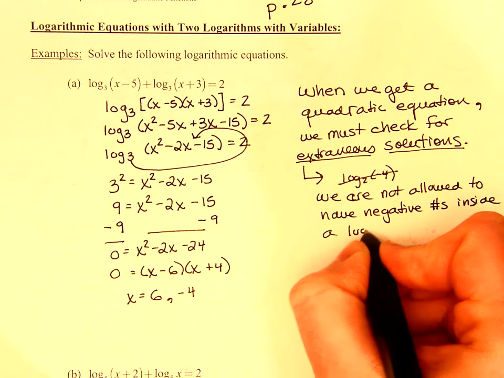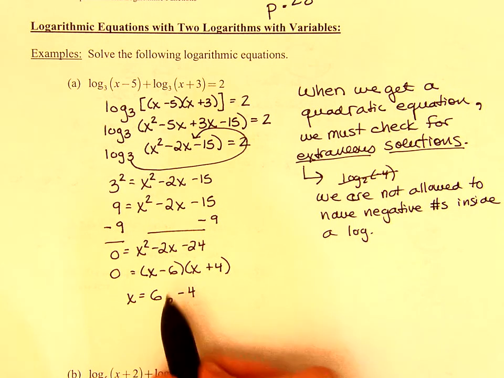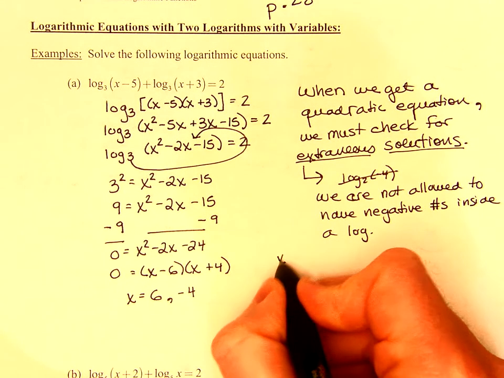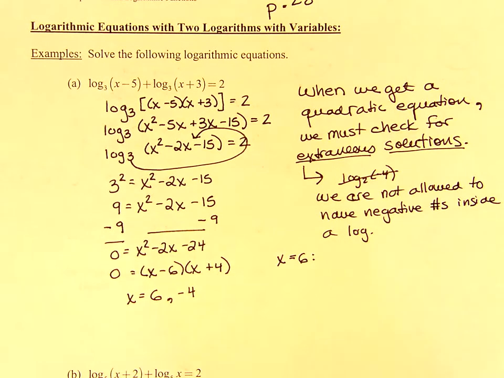So I just need to make sure that if I plugged in 6 and then plugged in negative 4 to the original equation, I wouldn't get any negatives inside a log. I'm going to write out the plugging in check here, but in future problems you can just look at it and deal with it from there.